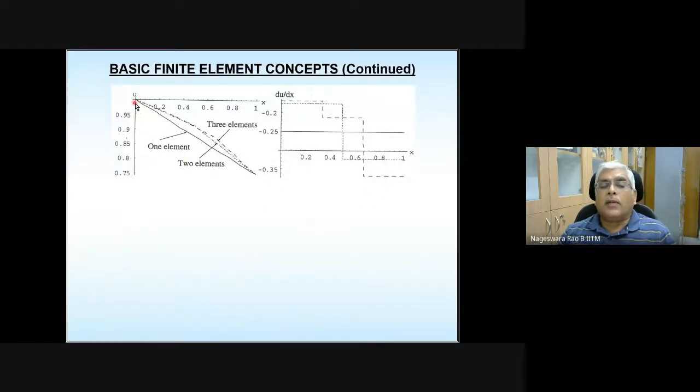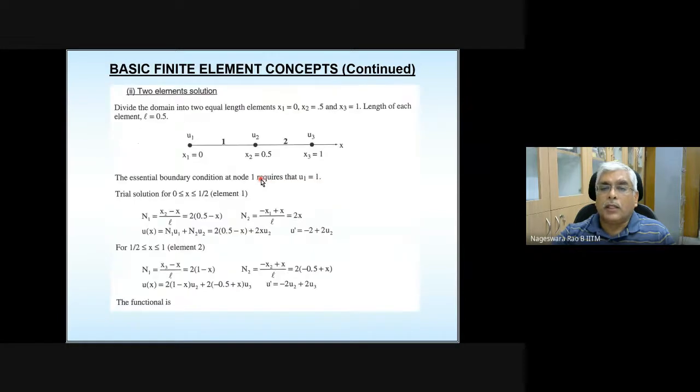So this is the one element solution for this problem, two elements and three elements. And if you want, you can try four elements. How do you choose four elements? This is the two element discretization. Whatever is shown here is a one-dimensional problem.